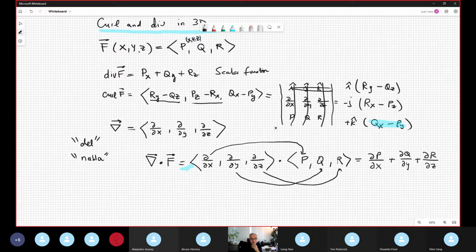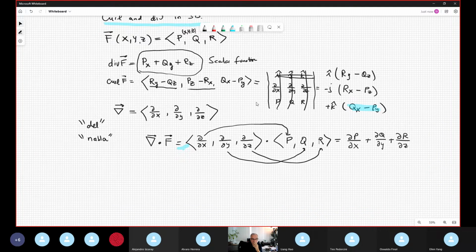Wow, and this is the divergence. Look at that. There's one fantastic notation every mathematician and book uses: the del operator dot product F is the divergence. Divergence of F is equal to nabla dot product F.